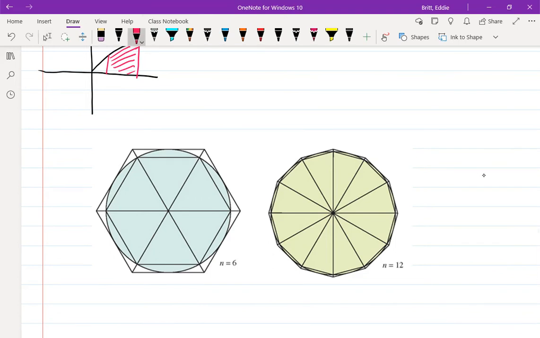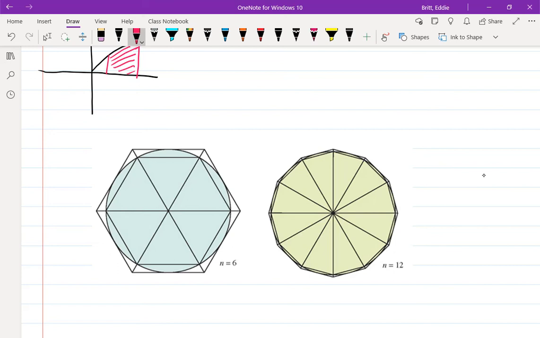You see, there's a six-sided polygon here inside and then on the outside as well. And so if they figured out the area on the inside, and they could figure out the area on the outside by finding the area of the triangles, then they would have an upper boundary and a lower boundary, so they would know the actual area of the circle was between those two.